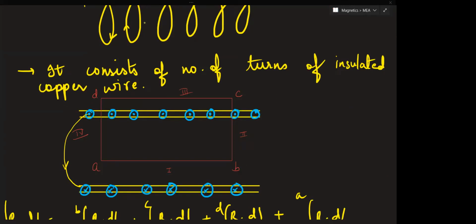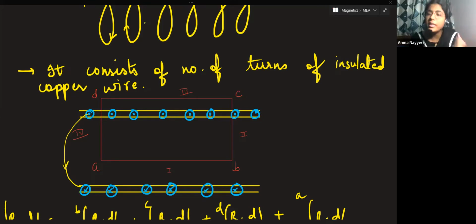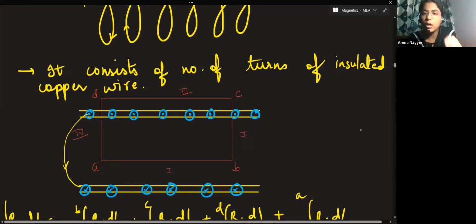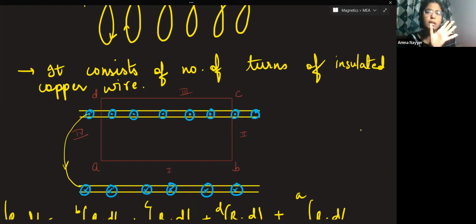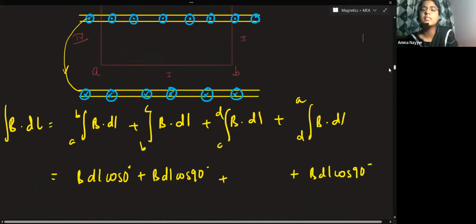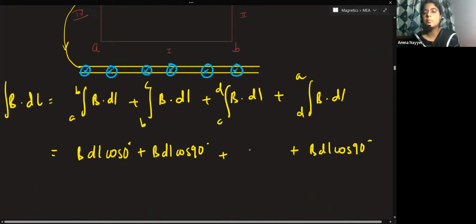Outside the solenoid. So magnetic field is not there. If magnetic field is not there, then obviously B is 0, so B dot dl will obviously be 0. Otherwise, it would be B dl cos 0. That is agreed. But for CD, the segment we are right now considering, there is no magnetic field, so this portion has 0 magnetic field. Since B is 0, this becomes 0.